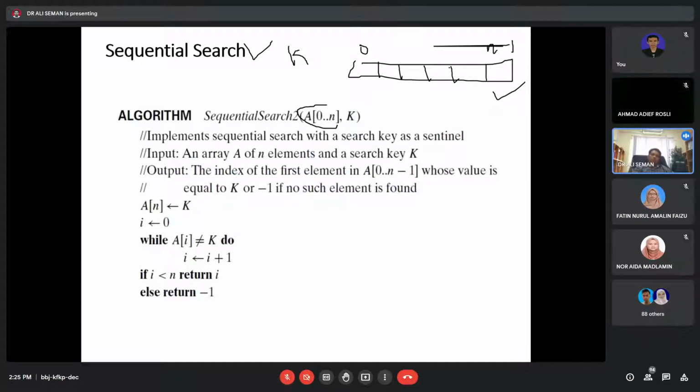So basically you need to go through each of the elements or indices here, starting with 0, 1, 2, 3 until n minus 1, for each index to find k. If we find it at any location here, then we stop. Then we achieve the goal.